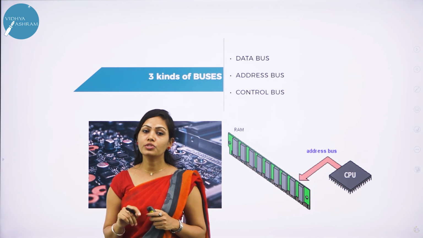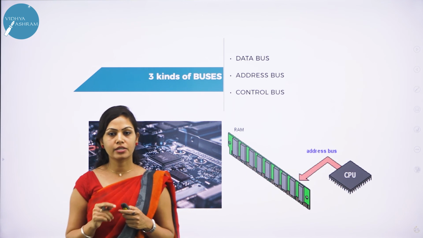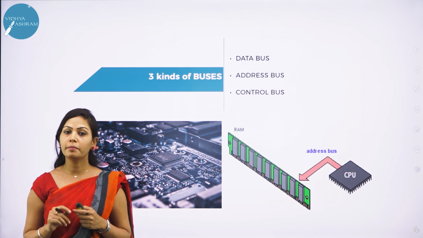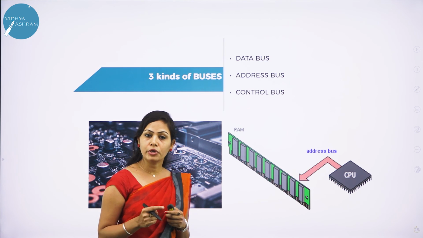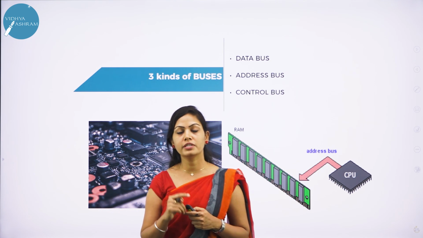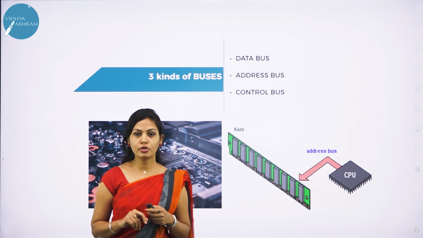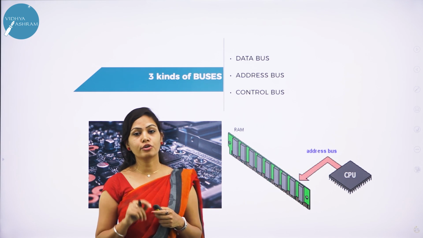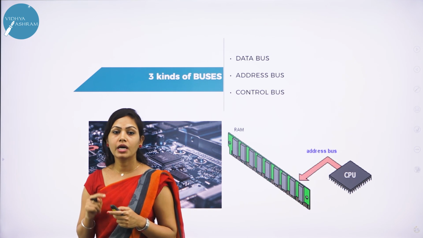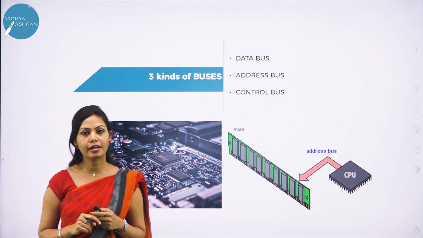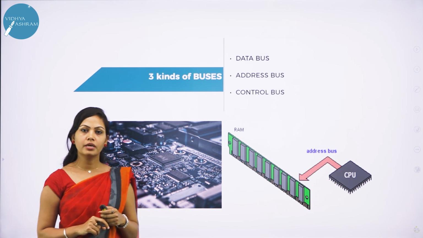Data bus is used to carry the data instructions from the CPU to memory, and address bus is used by the CPU to send the address of the memory location. Control bus is a part of the system bus used by CPUs for communicating with other devices within the computer. This is about bus.